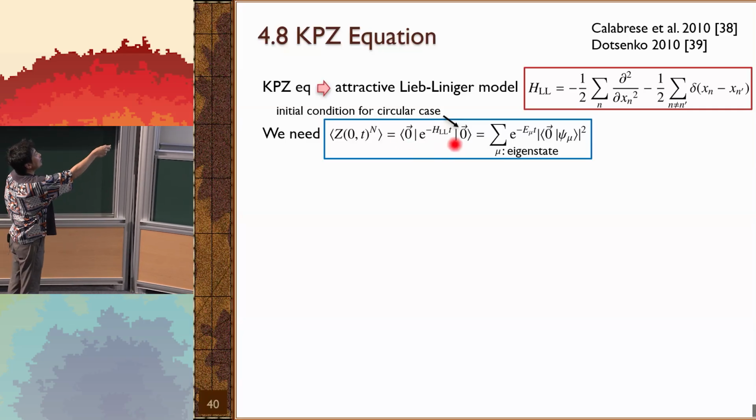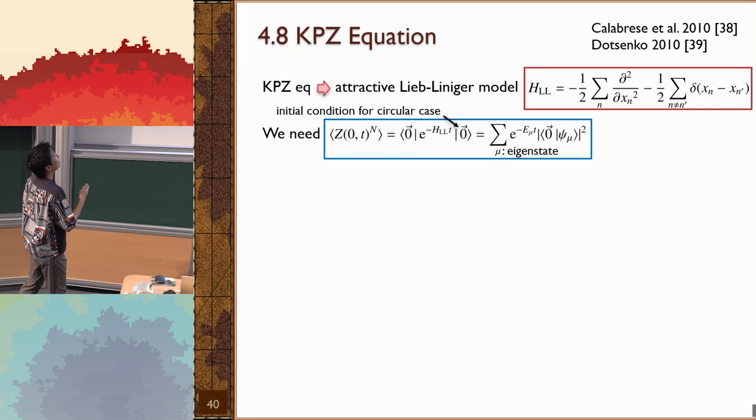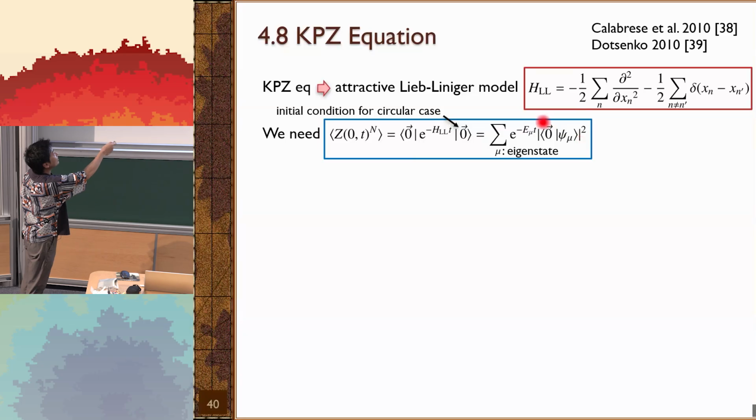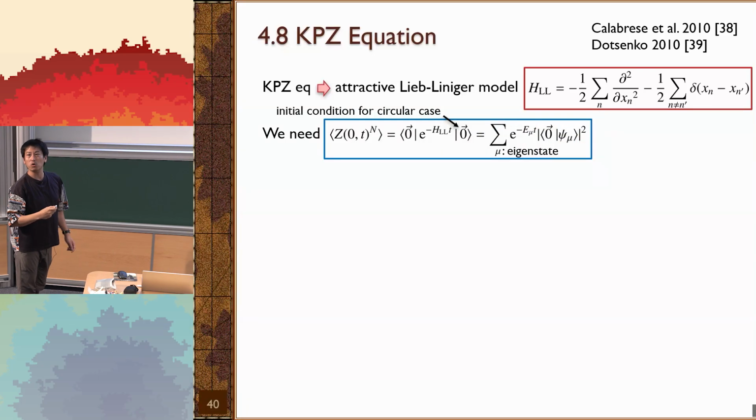Okay, and then it can be expressed by this kind of expansion. We just expanded over all eigenstates. And then we can actually solve this by using the integrability of this model.